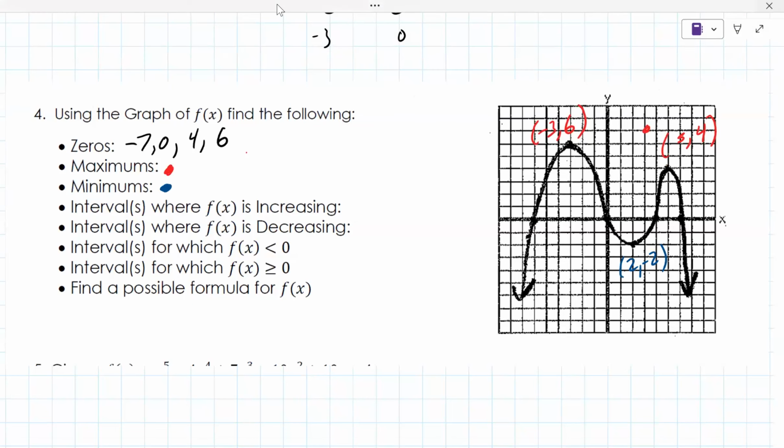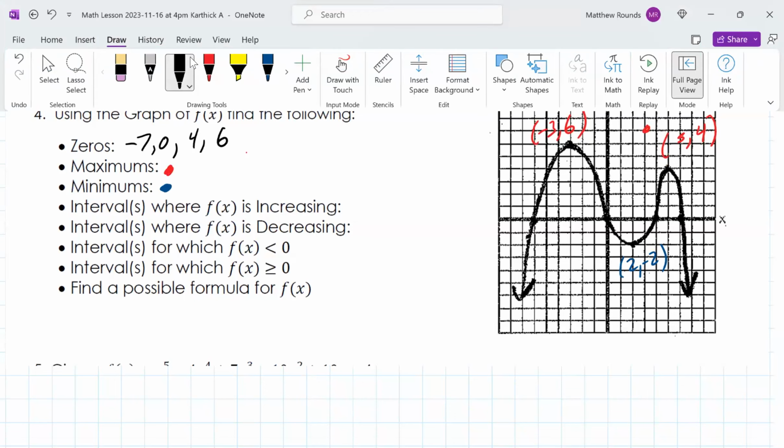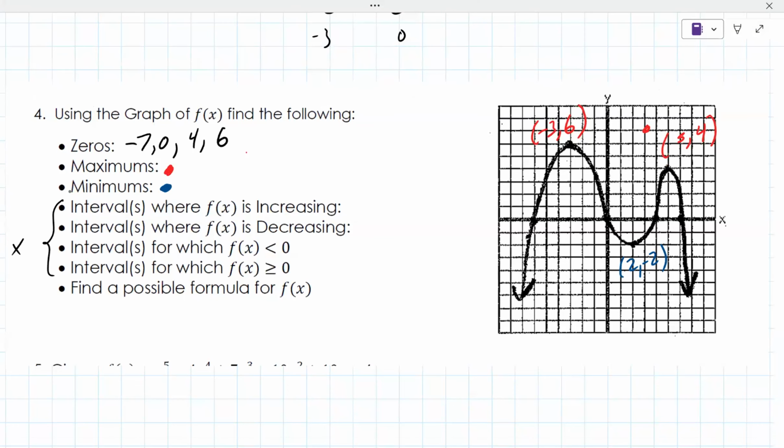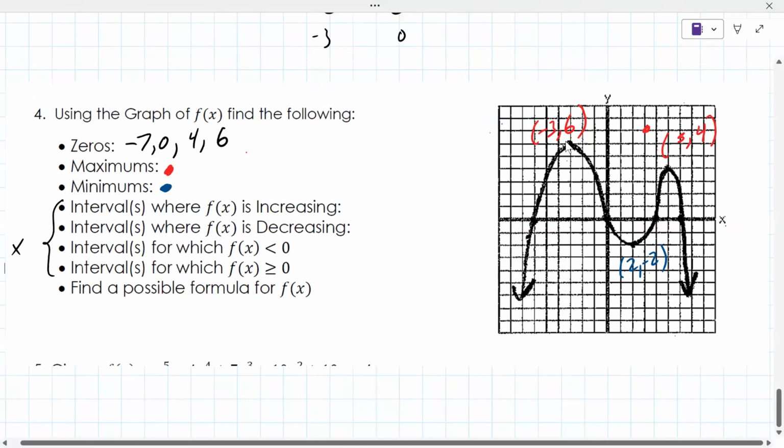All right. Intervals where f of x is increasing. Just a reminder, on increasing, decreasing, and even the next ones, these are all the x's. You don't care about the y's. So it's increasing from -infinity to -3. Good. It's decreasing from -3 to 2.